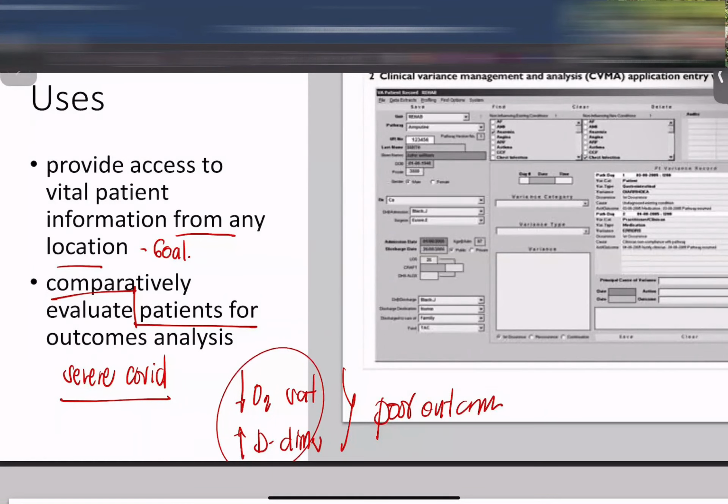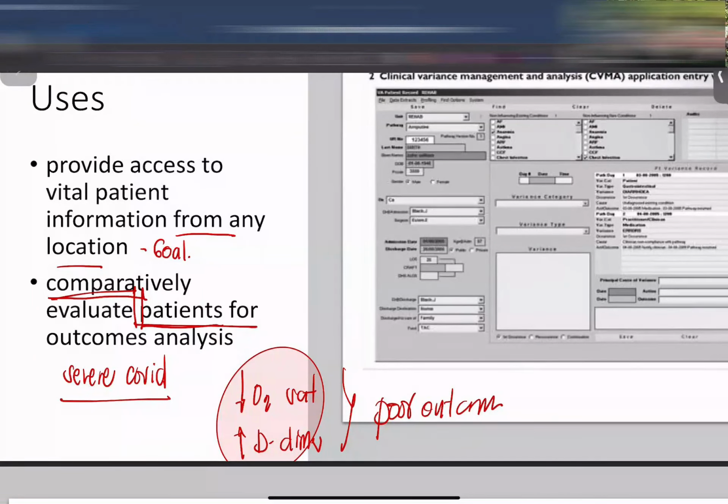So with that, they are able to conclude na, that will be the trend that we need to watch out for. Once we are seeing this trend, we need to aggressively treat our patients. Or once we are seeing this trend, we already need to talk to the family members so that we will be able to anticipate whatever worst is coming on the side of the patient. Okay, so that is done, class, by comparatively evaluating patients for outcomes analysis.